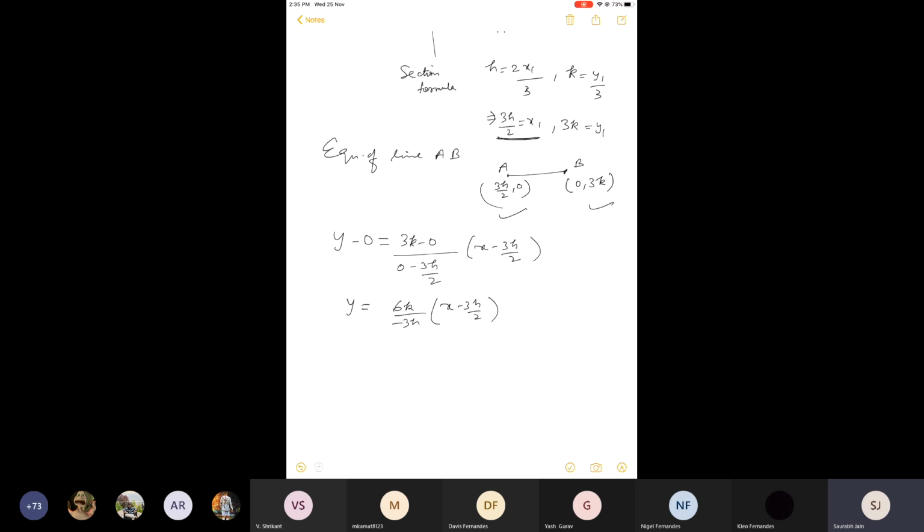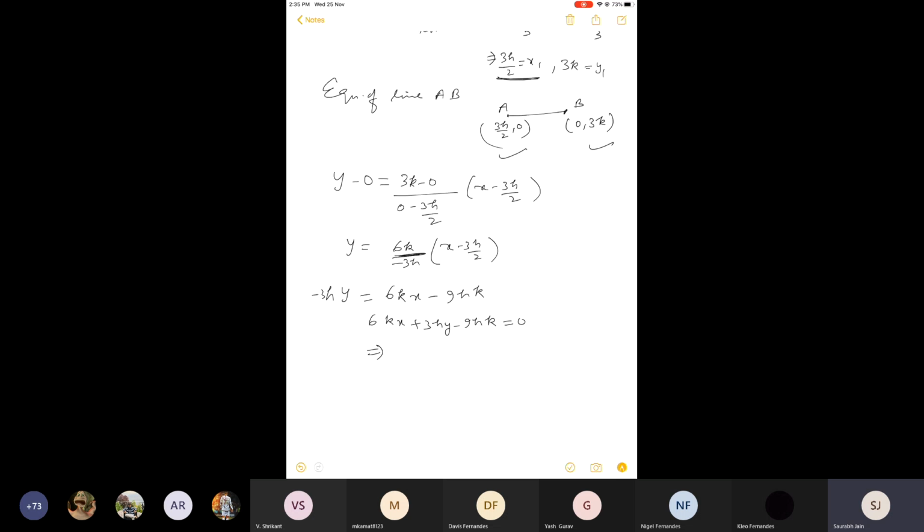Okay, now only simplification is remaining. So shift minus 3h to this side, multiply 6k with both the terms: 6kx minus 9hk. So this is 6kx. You shift minus 3hy to the right hand side: plus 3hy minus 9hk equals 0.